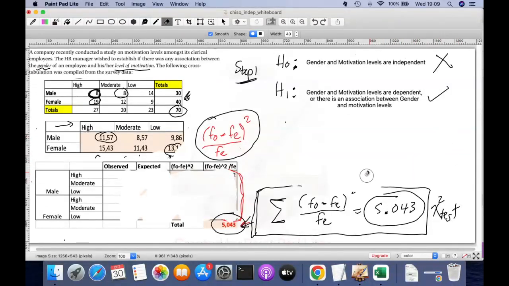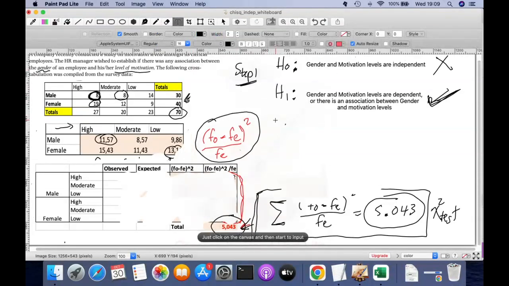So at a 10% level of significance, we reject H0 and find that gender and motivation levels are dependent. Or you can say there is an association between gender and motivation levels. So I'll just write that out just so you've got it for reference.